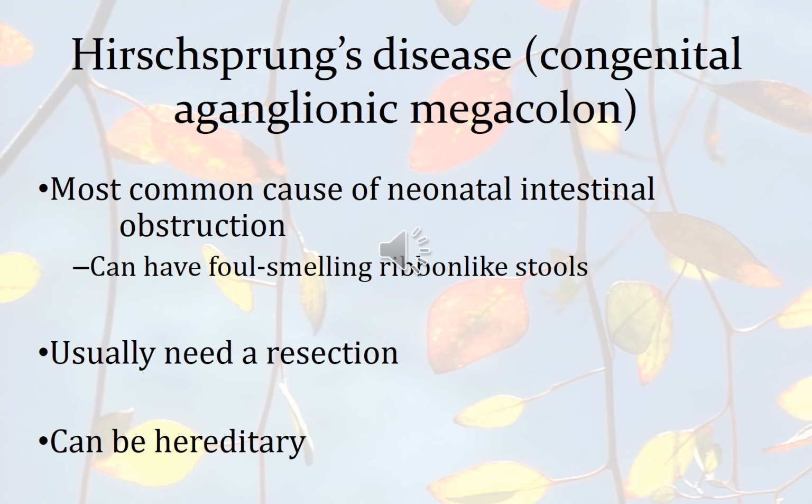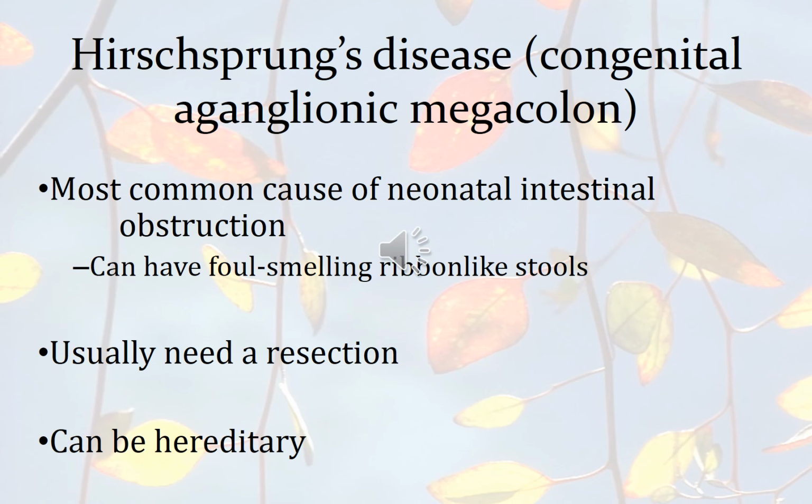Usually these kids will present as newborns, and the parents may say they've never passed their meconium, or when they did, they had to stimulate their anus. There could be a family history of Hirschsprung's, so that's a key indicator of what's going on.